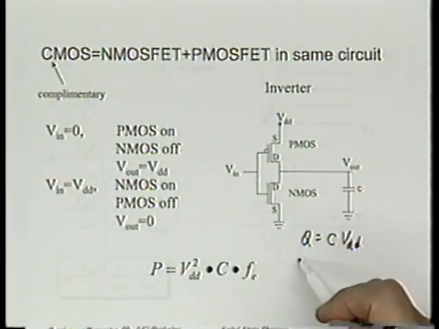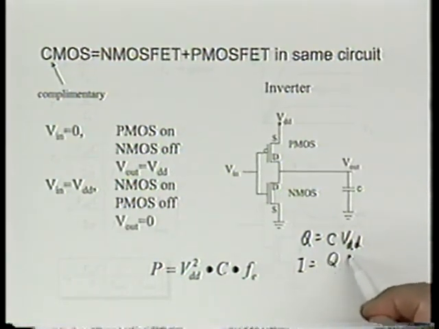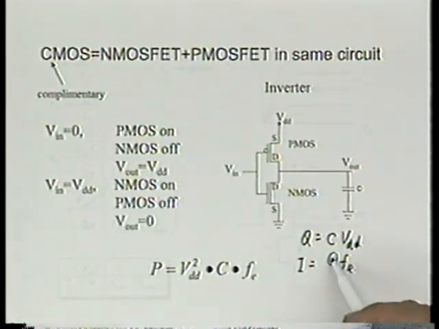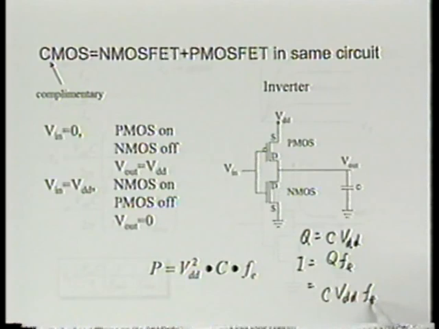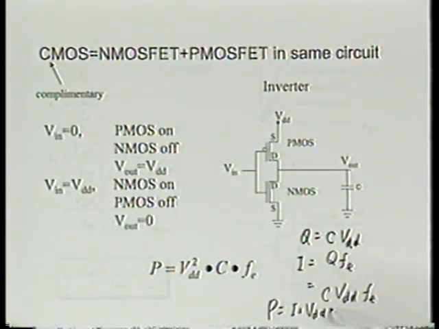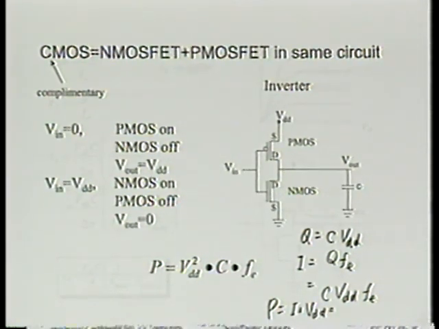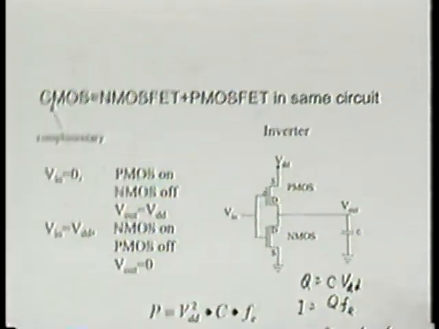So on average, the current is equal to Q times F, because Q is the charge per cycle, and if there are this many cycles per second, the current is equal to Q times F, therefore equal to C VDD times F. And the power is equal to I times VDD, therefore equal to C times VDD squared times F. Okay? All right, so that's the power consumption of the CMOS circuit.